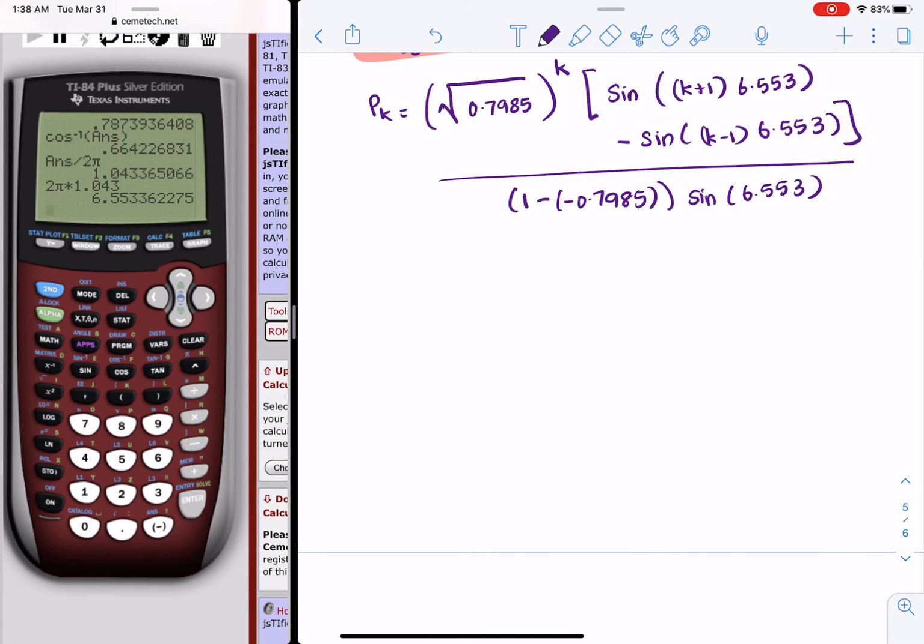Keep in mind here the sine is in radians, which is why we have 6.553.